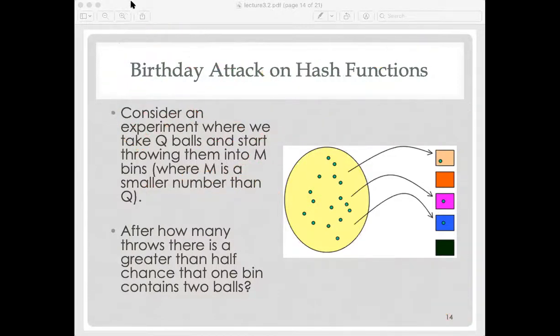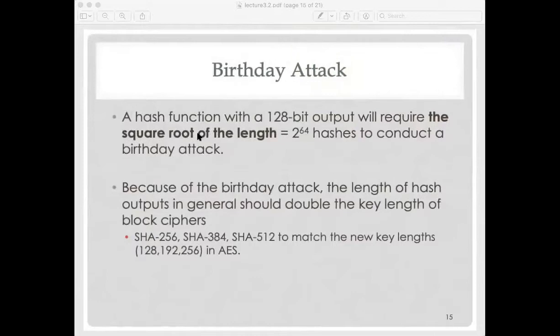So this is basically what we say: a 128-bit output will require 2 to the 64 different hashes to conduct a birthday attack. So a SHA-256 will give me 128 bits of strength, equal in strength to 128-bit keys.